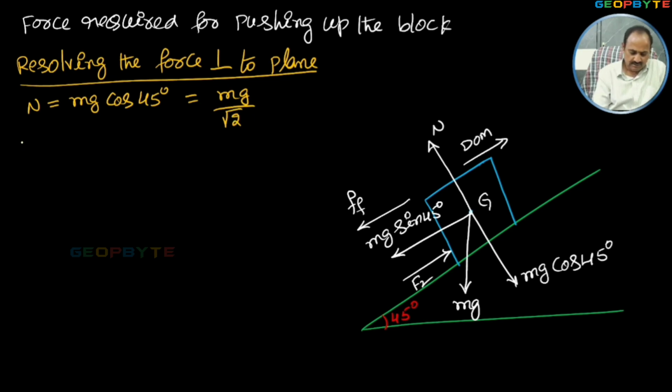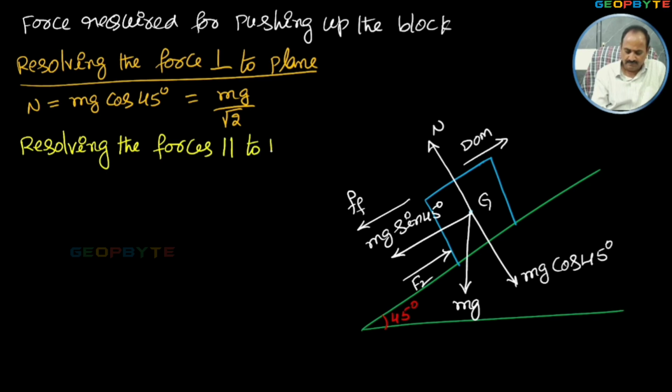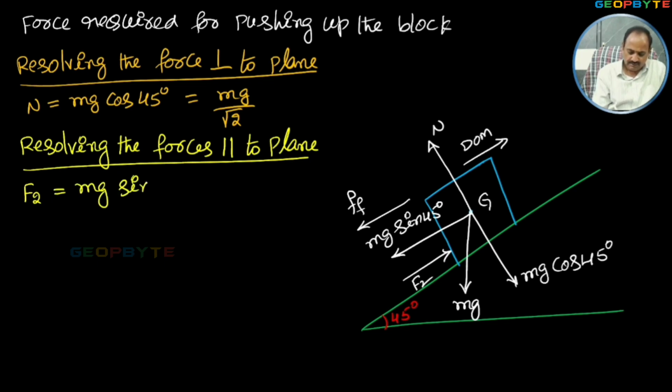Similarly, resolving the forces parallel to the plane, F2 is acting in the opposite direction. It must be equal to mg sin 45 degrees plus frictional force. But F2 is given by the condition. What is F2? F2 equals 2 F1.